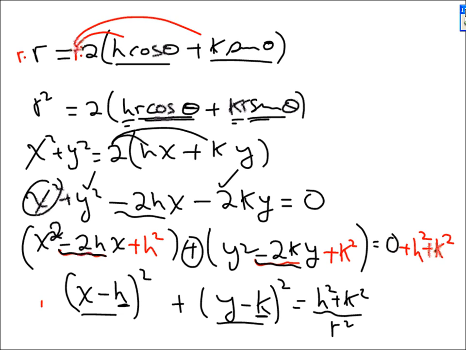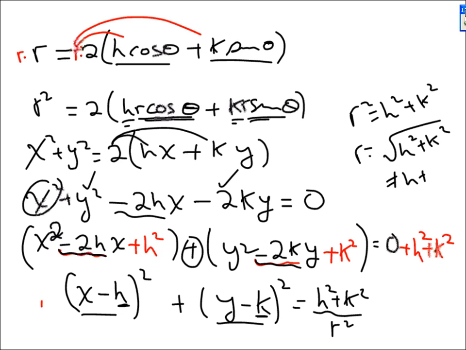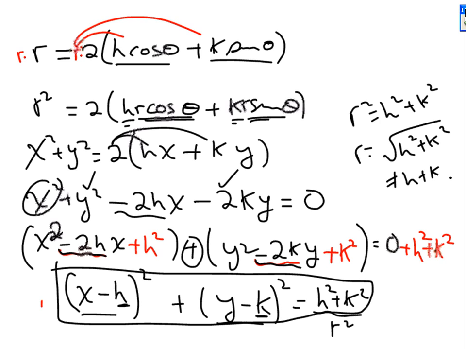Where the radius would be, if r squared is h squared plus k squared, then the radius r is the square root of that. Please, this is not h plus k. But nonetheless, I just showed that that top equation is the equation of the circle. Okay, that completes the section entitled Polar Coordinates and Polar Graphs. Good luck with it.